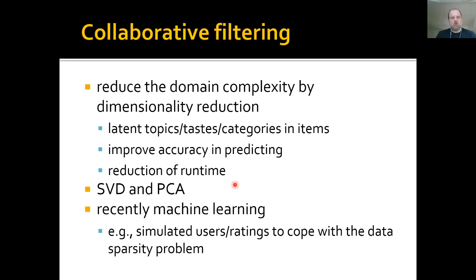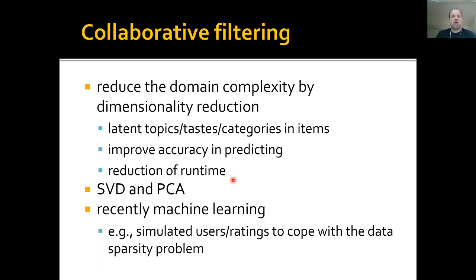What can we do to make the matrix more dense? If you think about what we did in the vector model of text retrieval, we did some dimensionality reduction using latent semantic indexing, or SVD or PCA, whatever kind of dimensionality reduction method, and we got from very sparse matrices to very dense matrices.